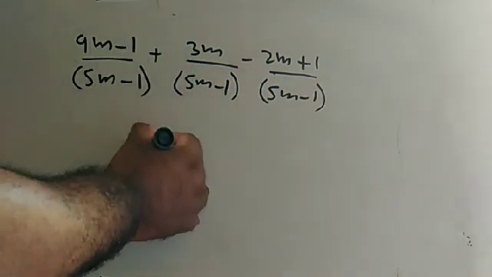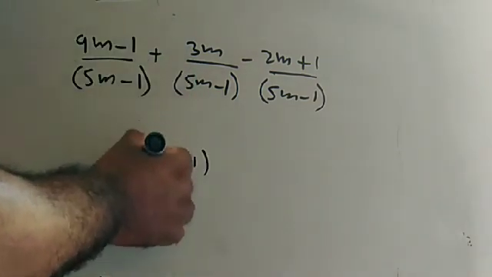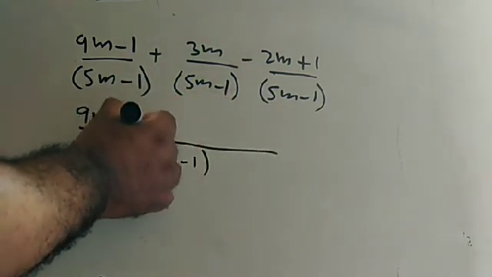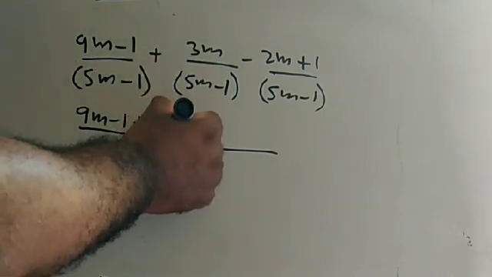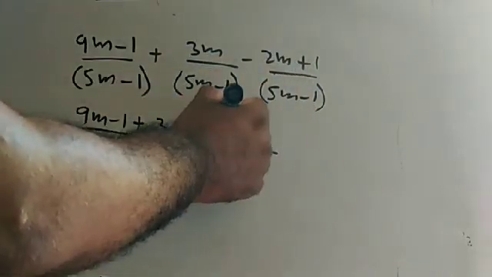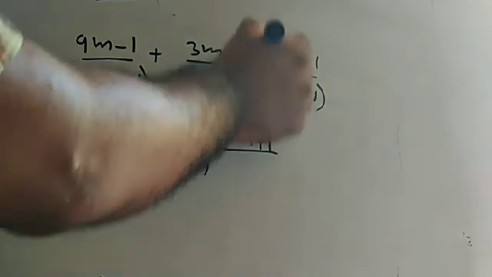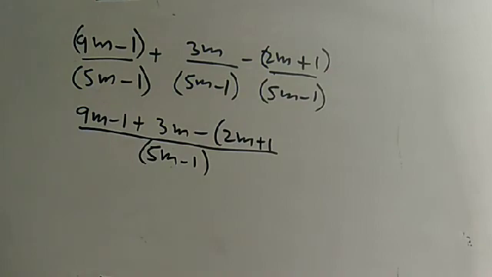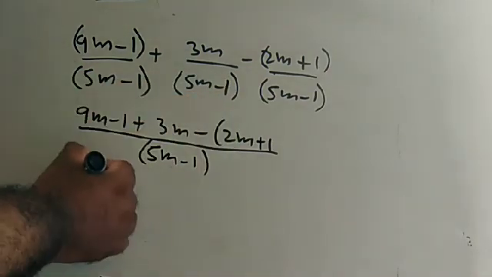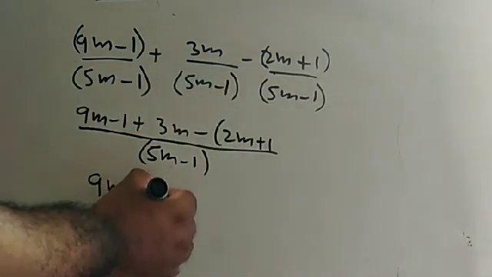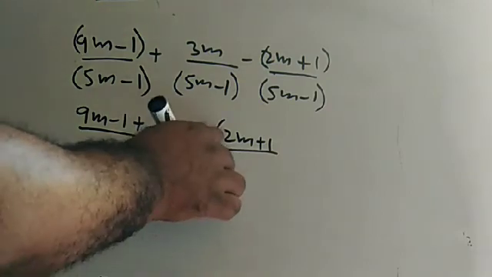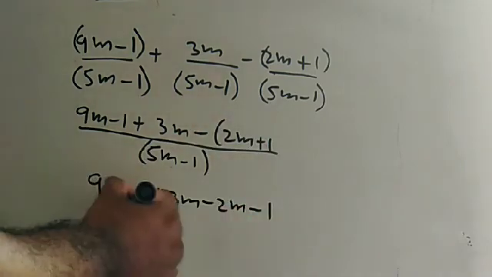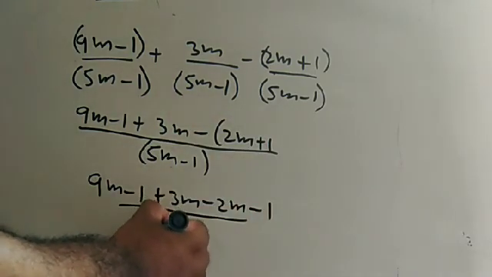Then common is 5m minus 1. Now you can simplify numerators. 9m minus 1 plus 3m minus 2m plus 1. Then simplify this: 9m minus 1 plus 3m minus 2m minus 1. The common denominator is 5m minus 1.